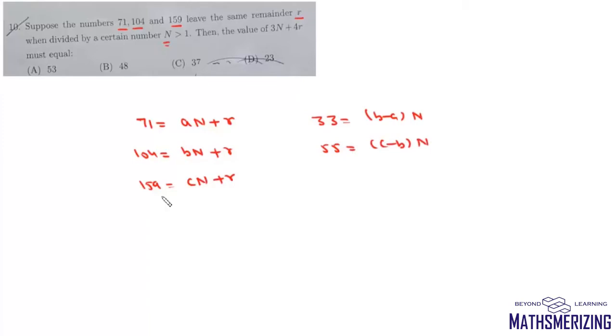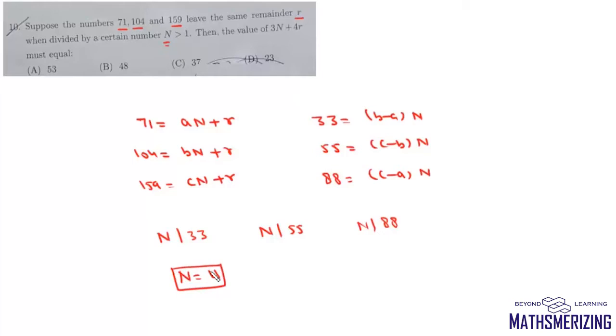And from first and third we can write 159 minus 71, which is simply 88, and that is (c minus a) into n. So basically n divides 33, n also divides 55, and n divides 88. So this n must be 11. So from here we'll get the value of n as 11.